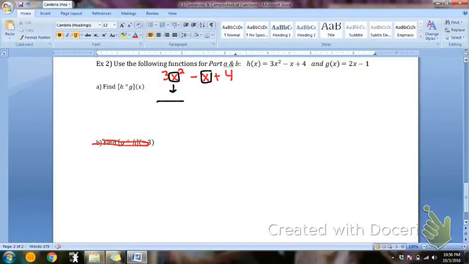So again, I think sometimes this box is helpful, sometimes it's not, but it gives you a good vision of what you're going to be putting in for something else. Now notice the 3 comes down, it's still squared. The only thing that we're changing is instead of x, we're going to put 2x minus 1.